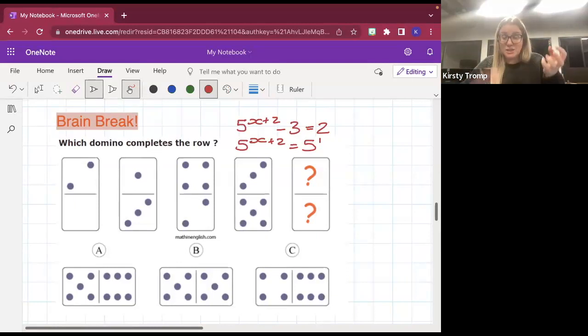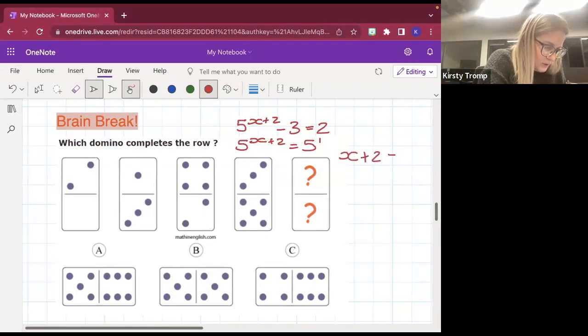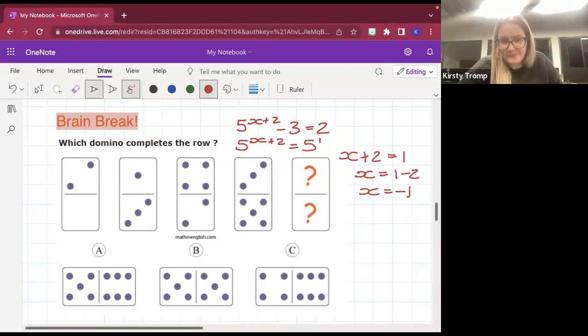Okay, so if the bases are the same, then we can say that the exponents are equal. Therefore x plus 2 equals 1. Then what am I going to do? I'm going to take the 2 to the other side, and I'm going to say x is equal to negative 1. All right, makes sense. Yeah, it does make sense. Good, I'm glad.